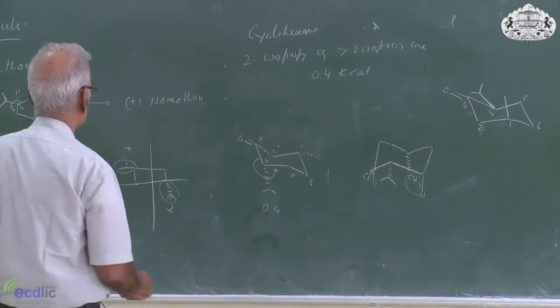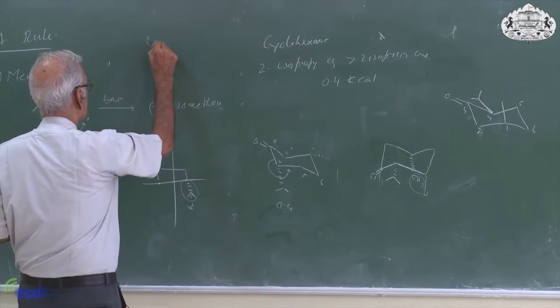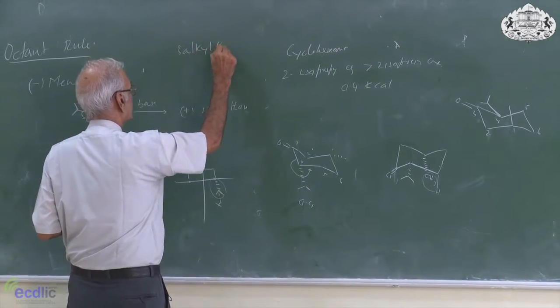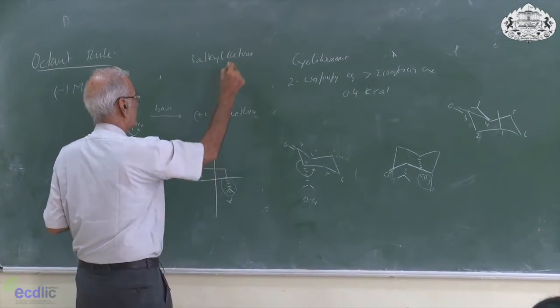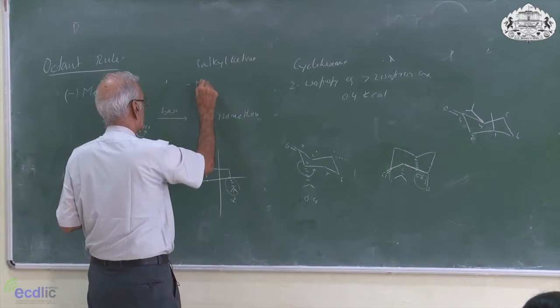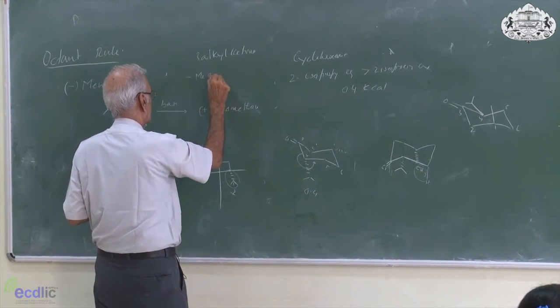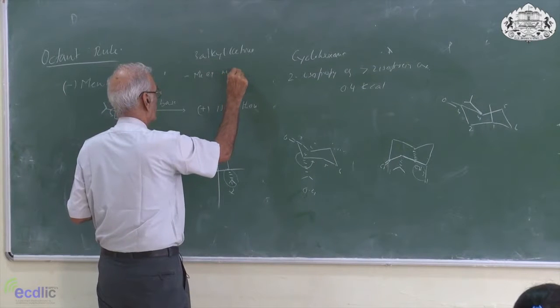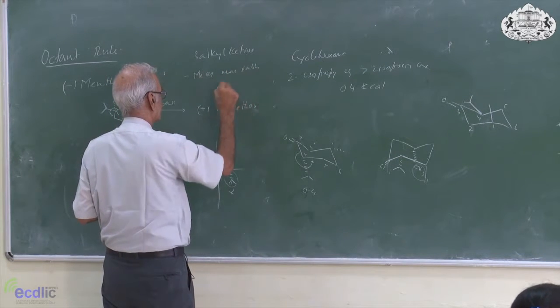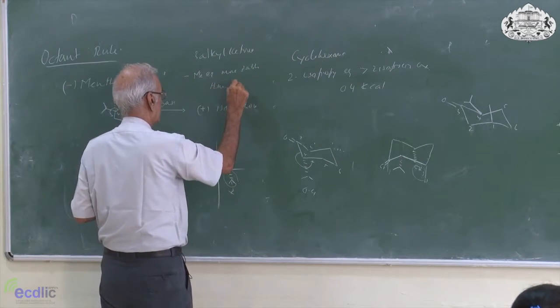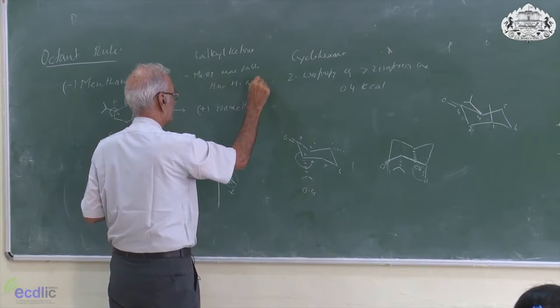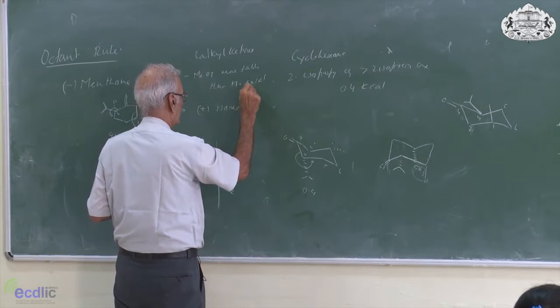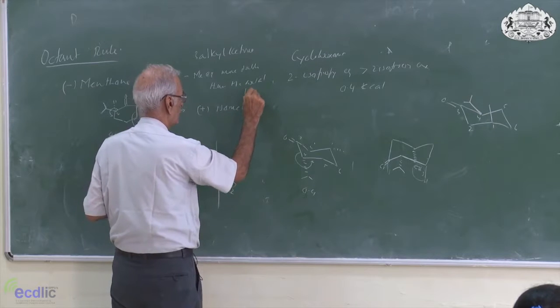That is the operation of the 3-alkyl ketone effect. The 3-alkyl ketone effect: methyl equatorial is more stable than methyl axial by 1.2 kilocalories.